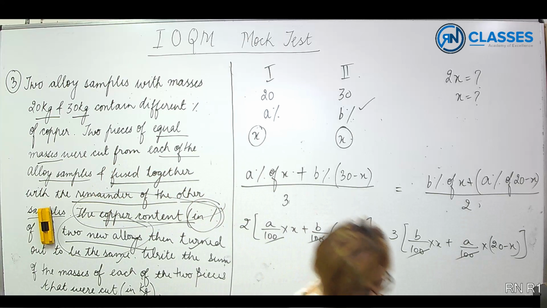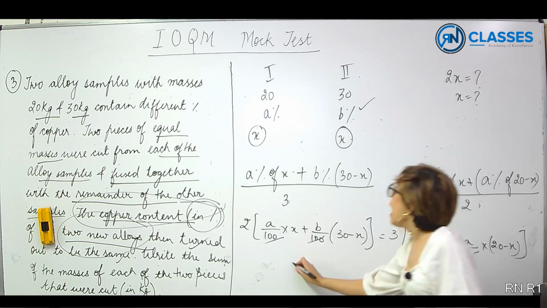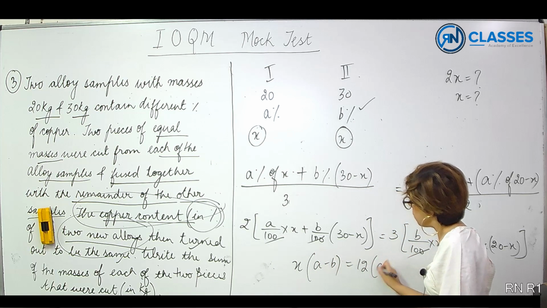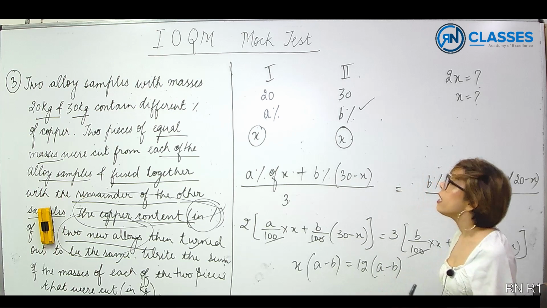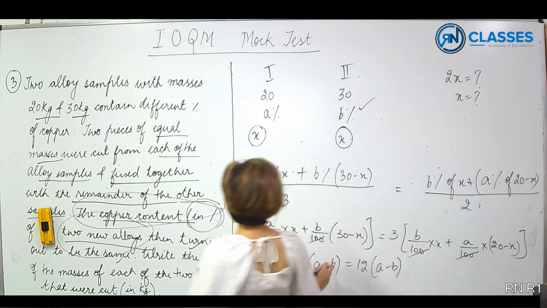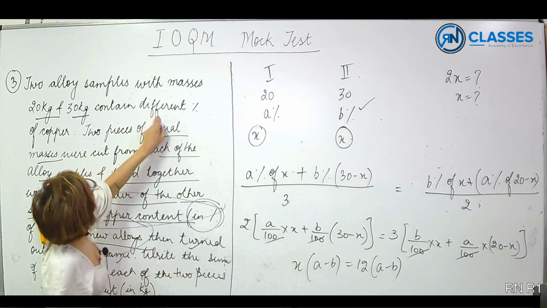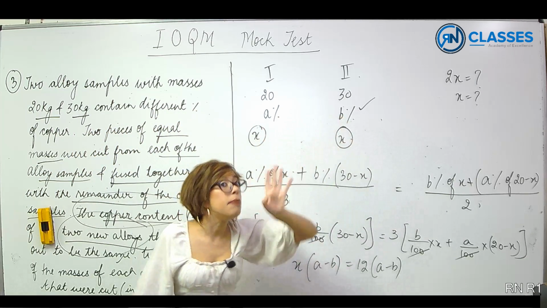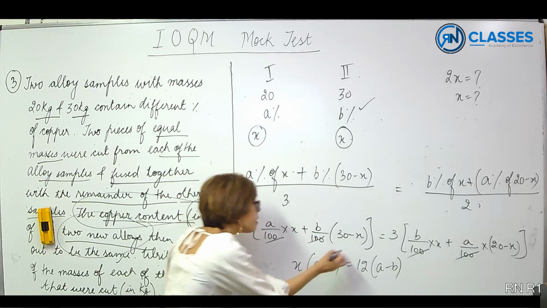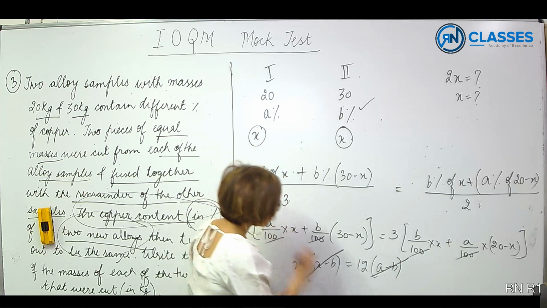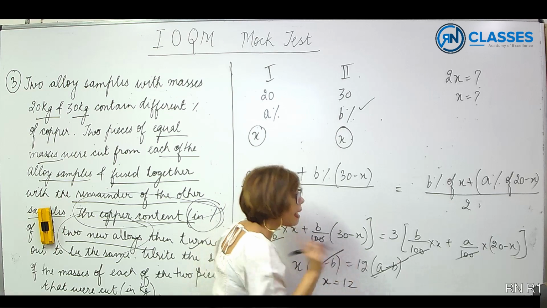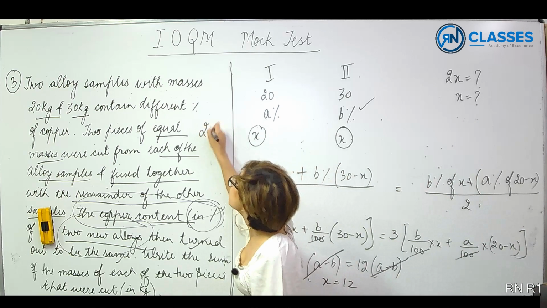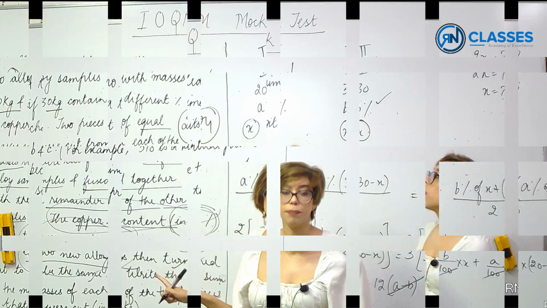In short, I will have this equation: X into A minus B is equal to 12 into A minus B. Now, let's see whether A minus B can be 0 or not. He says different percentage of copper, so A and B are different. That means A minus B cannot be 0, so I can cancel this out. X will turn out to be 12, but I don't want X, I want 2X. 2X will be 24, which is the answer for this question.